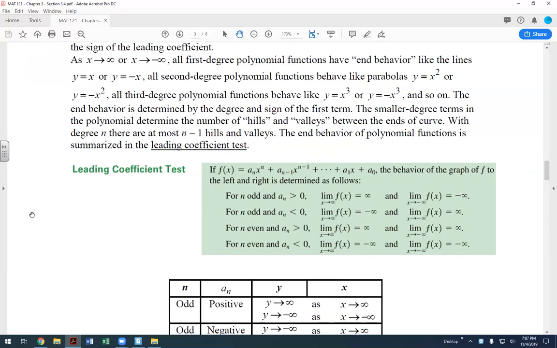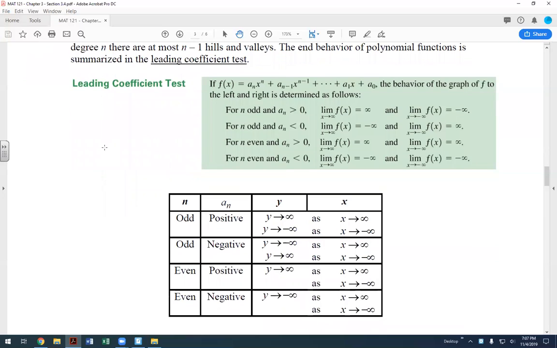Or where is your y value going? So a lot of times we write it with limits, but every now and then you'll see this notation, which is y with an arrow, saying y approaches infinity as x approaches infinity, and y approaches negative infinity as x approaches negative infinity.